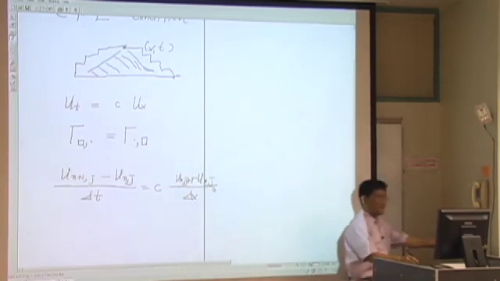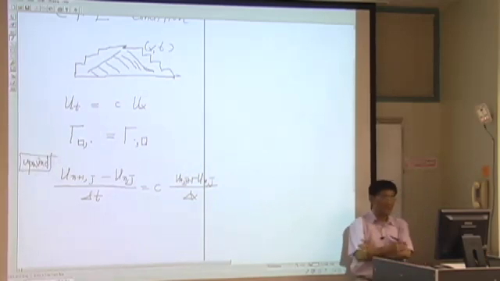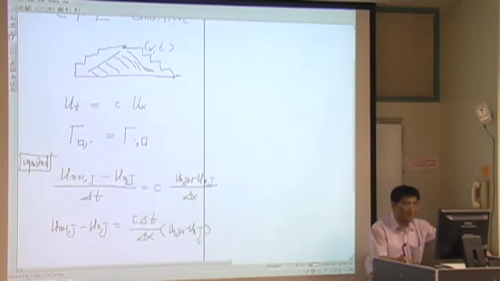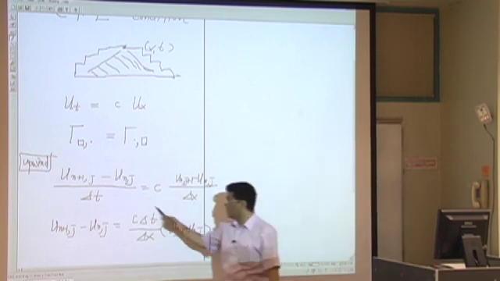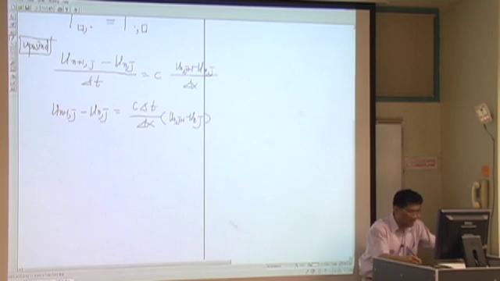This method is the upwind method, right? Upwind method. Then what we have is this thing. Let's call this lambda. They investigated lambda and then found the stability condition.